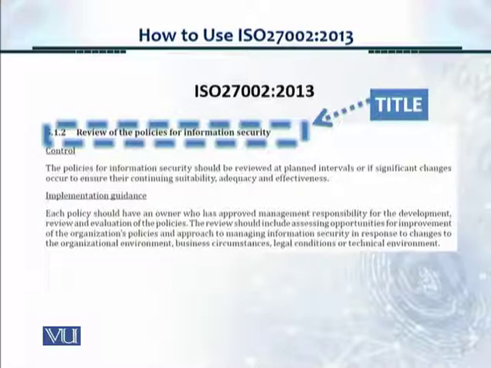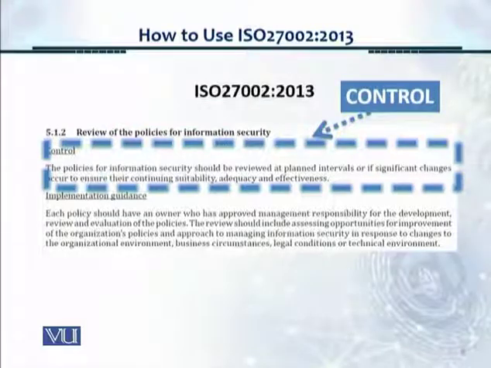Now, this is a snapshot from 27002. And as you can see, the control review of the policies for information security is exactly the same. The control title is exactly the same. 5.1.2, review of the policies for information security. And the control is also the same. So this is the control.